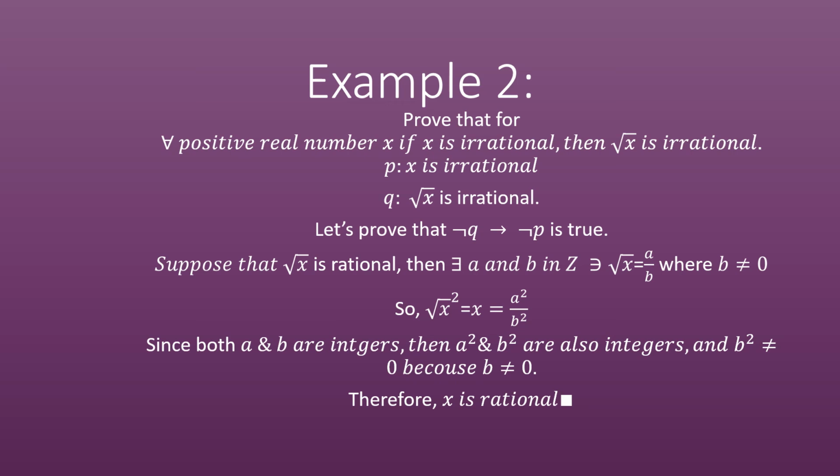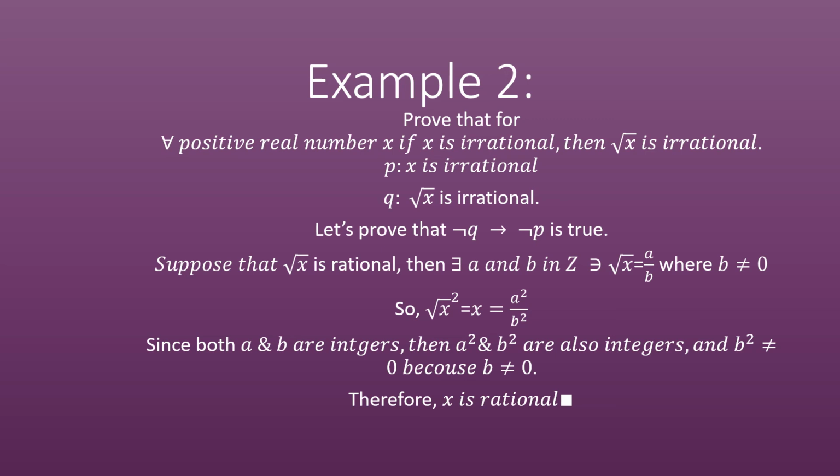So now if we square the square root of x, we get x, which equals a squared over b squared. Now, since a and b are integers, then a squared and b squared are also integers. And since b is not equal to 0, then b squared is also not equal to 0.